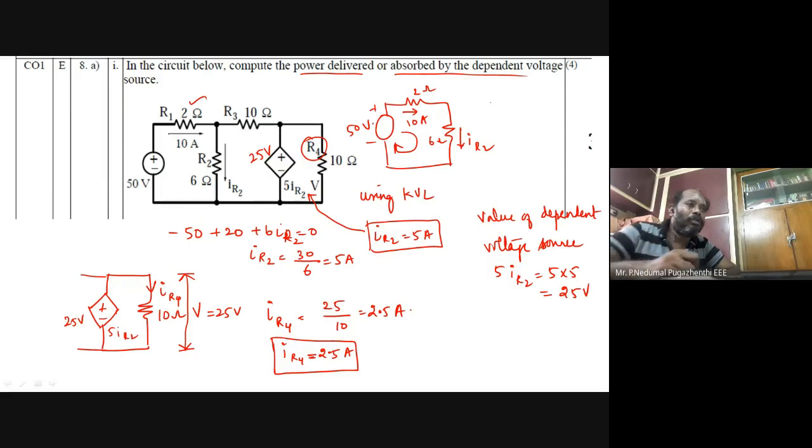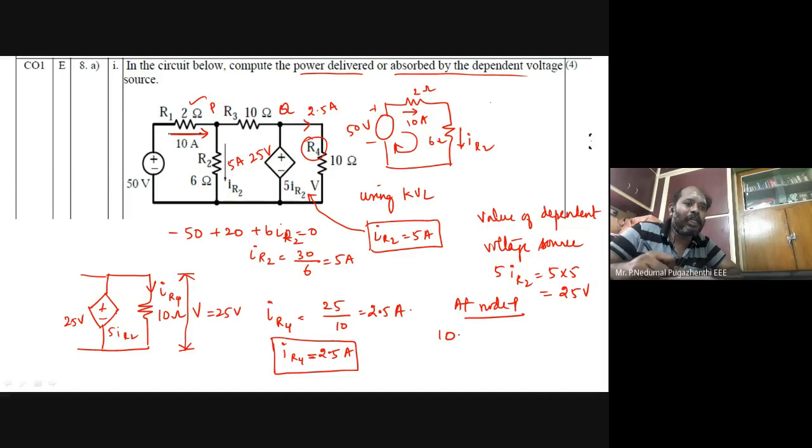Right. So I am going back to my original diagram. Now I know this is 2.5 amps. I know what is the current here. This is 5 amperes. This is 10 amperes. So I will consider this as node P and node Q. At node P, what can I write?